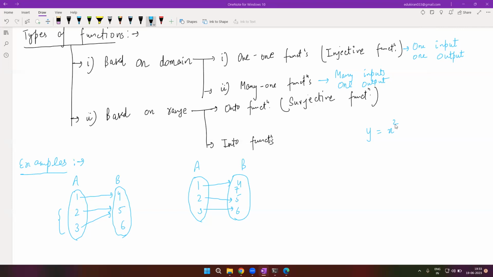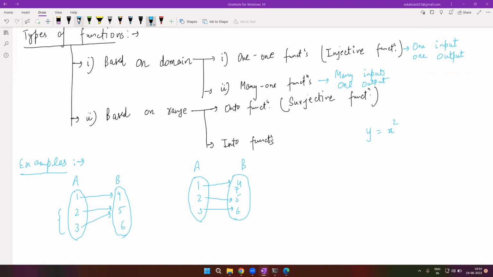See, in this case, if you put 2 and if you put minus 2, both are giving us the same output, no? 4. 2 also has output 4 and minus 2 also has output 4. So we can definitely call this a many-one function, right? Did you understand it? y equals x square. 2 रखो या minus 2 रखो, दोनों ही केस में आंसर सेम है.